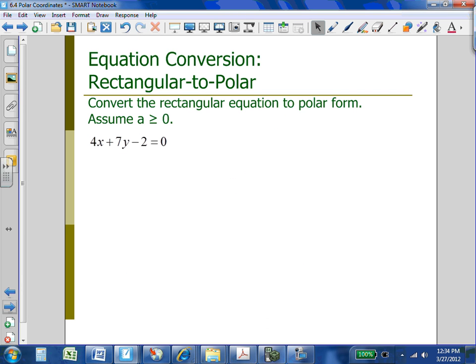Okay, here's another one. And this was linear to begin with. You can see you've got an x and a y, and they're both first degree. So this is going to be a line, whether we graph it rectangular or polar here.